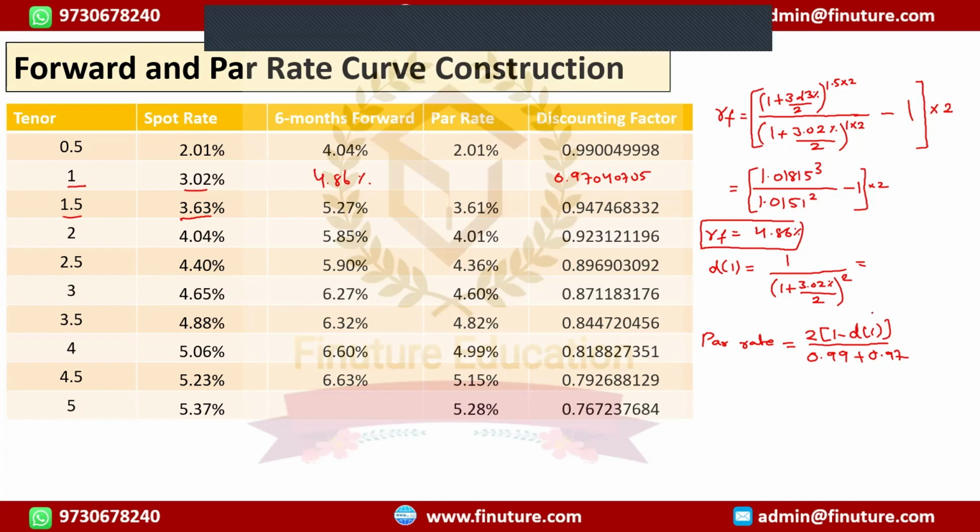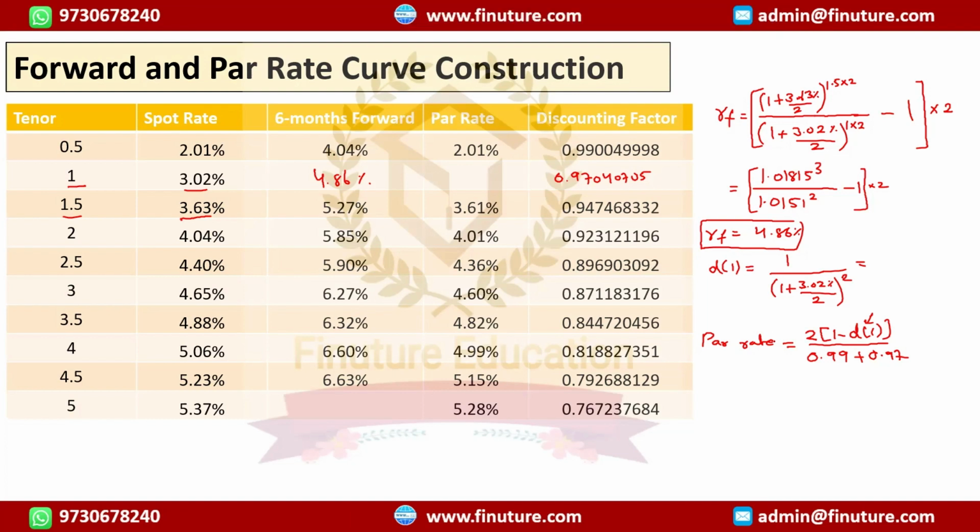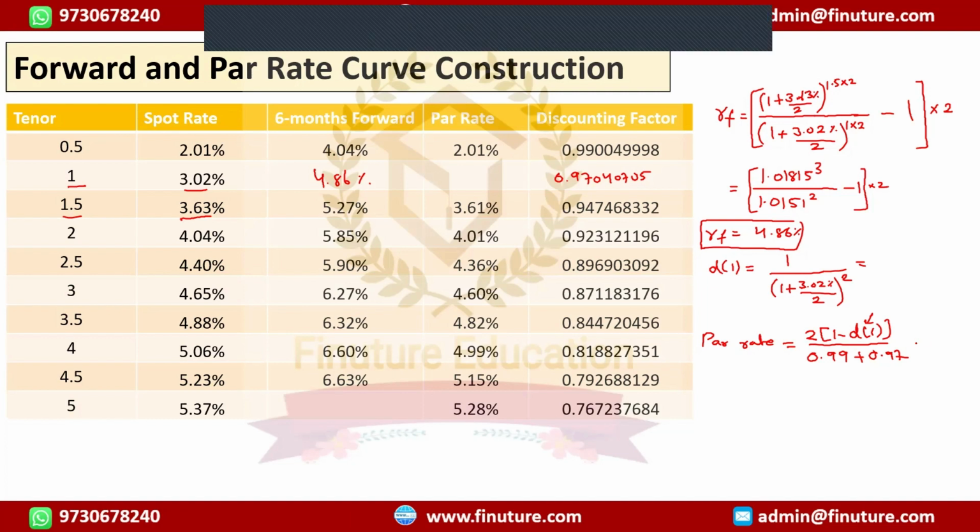Okay, I think over here it's D1. I did D0.5. So it has to be 1 minus 0.97. So it's 0.03, twice of that, and multiplied by recalling 1. So it's around 3.06. This looks sensible to me.